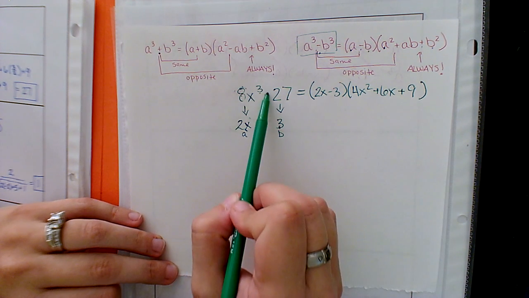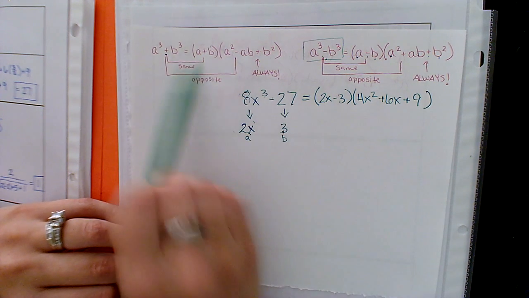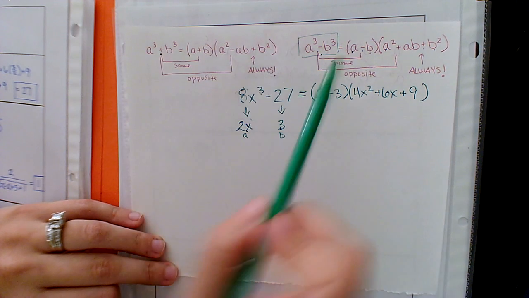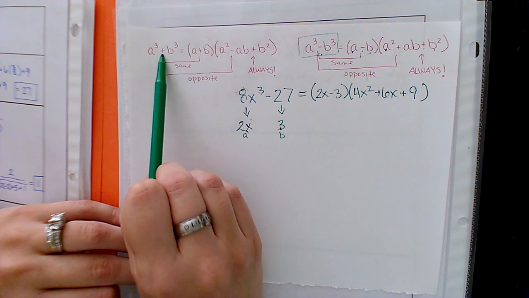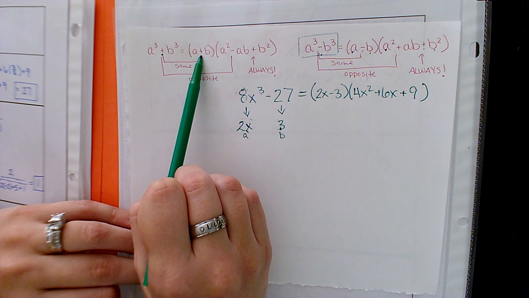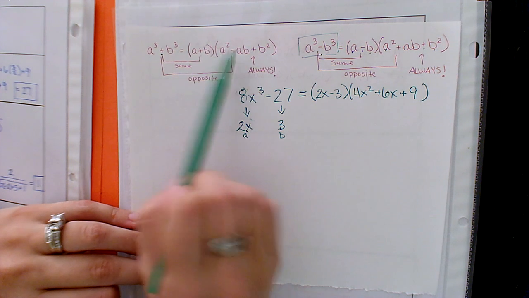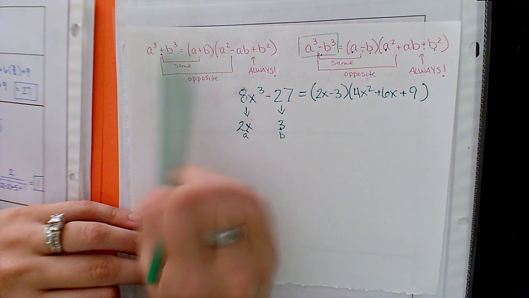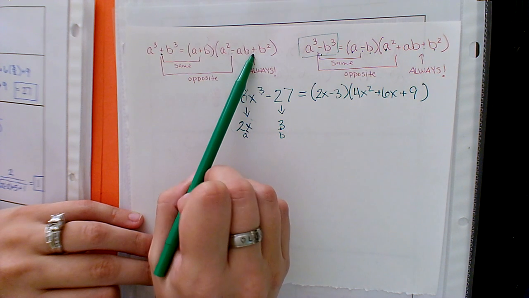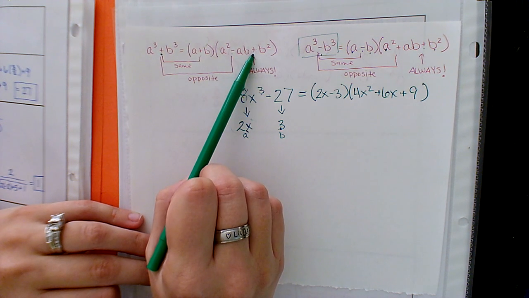If this was 8x cubed plus 27, we would have used kind of this method. Notice how the first factor, the symbol matches the operation in the original expression. The first symbol in the second group is opposite of what you start with, and the last operation is always a plus.